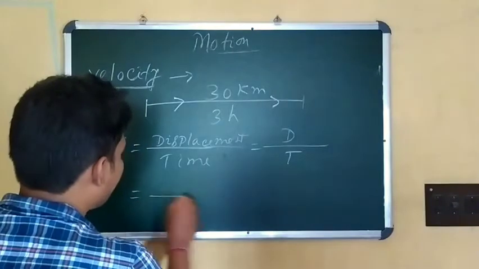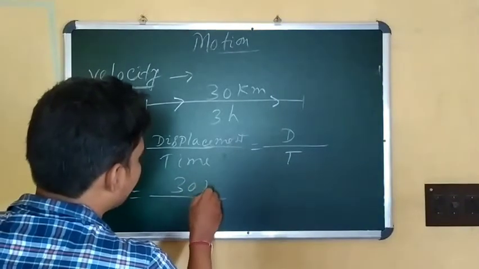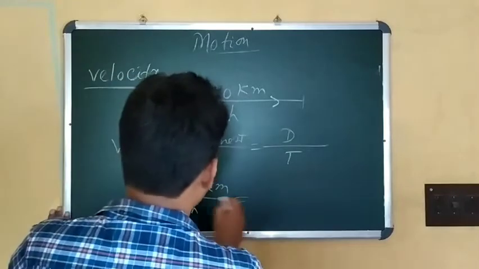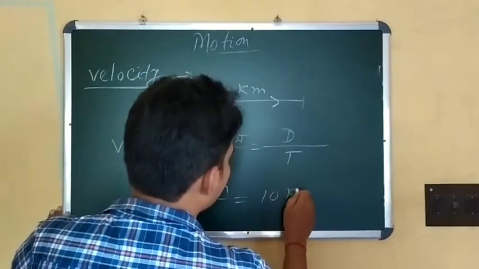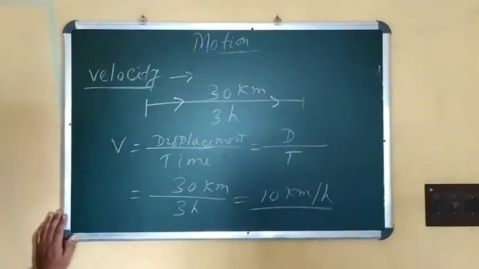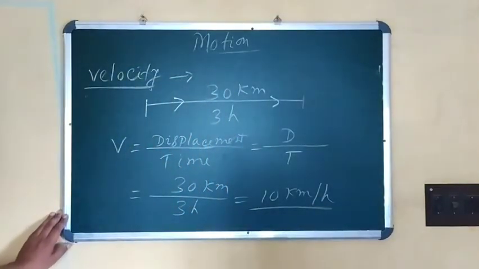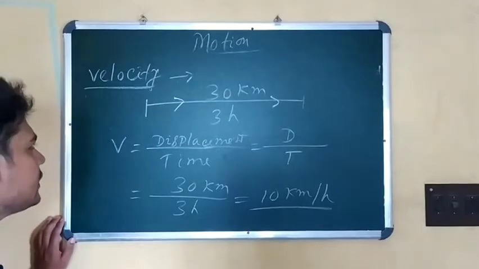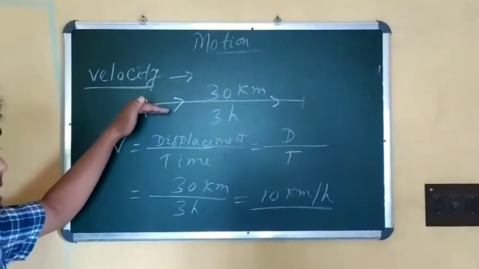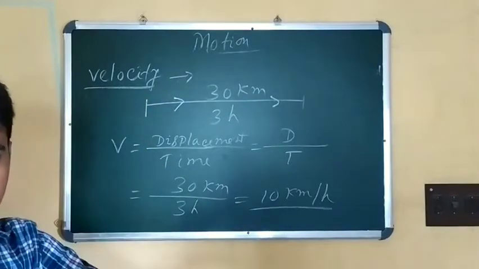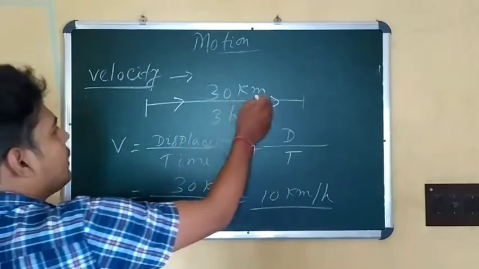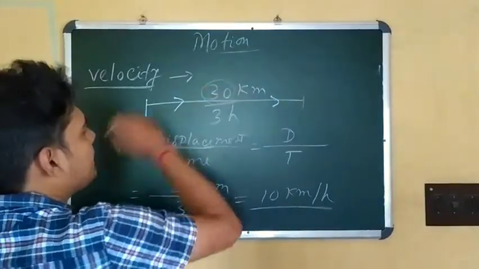Now you put the value, 30 kilometer per 3 hours, then we find that it is 10 kilometer per hour. So that is the value of the velocity. Now when this type of question comes, if the direction is given and it is said that in a fixed direction, that means that is the displacement.